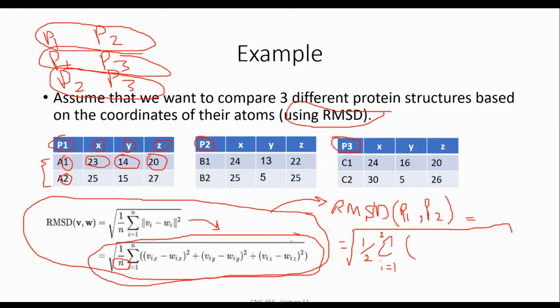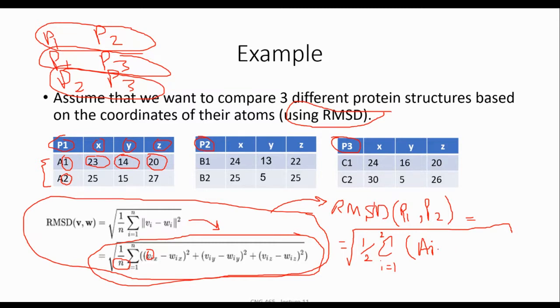Now I have A, B and C here, instead of, for example, saying the main protein name. So what I can say here is A_i, because here i goes from 1 to 2.